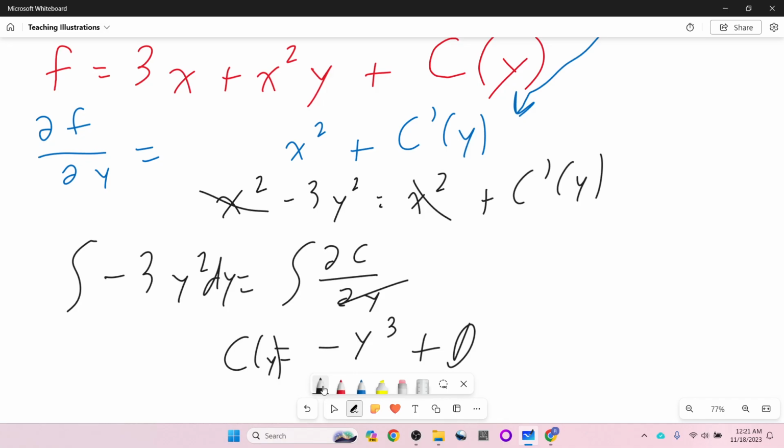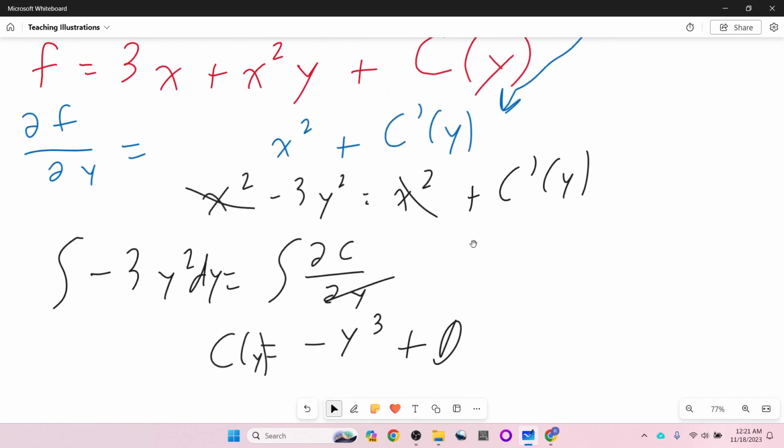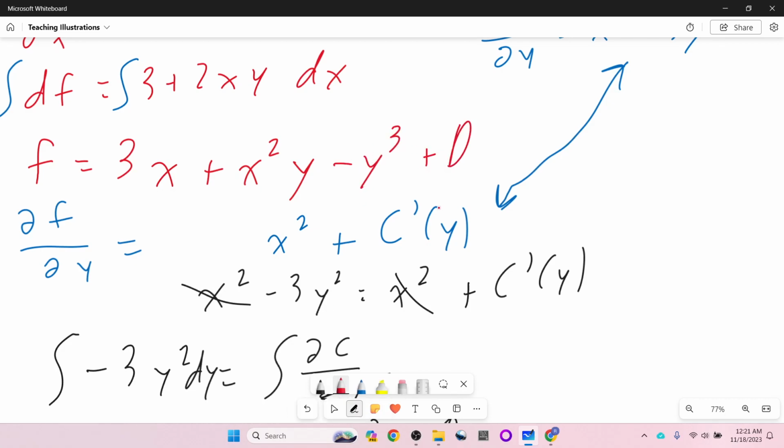All right, so now we can take that and plug it back in here. So minus y cubed plus d.